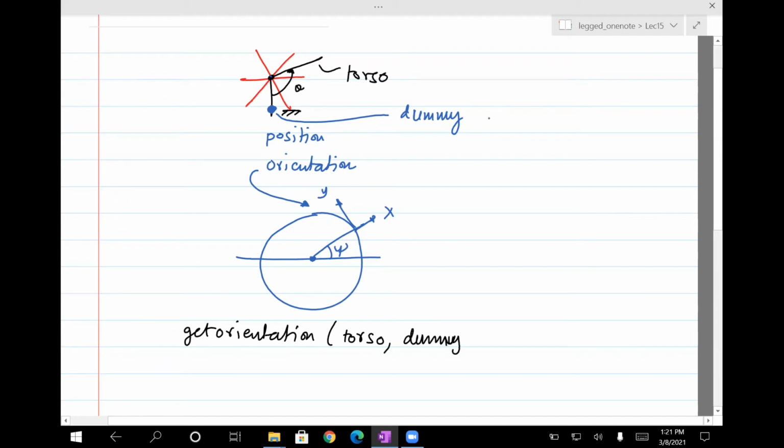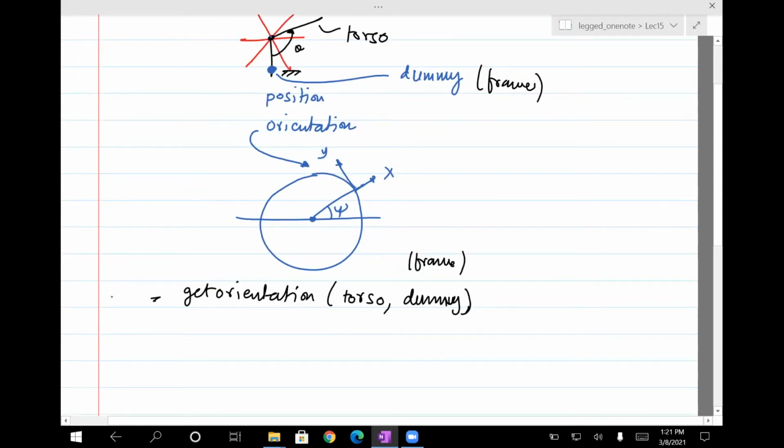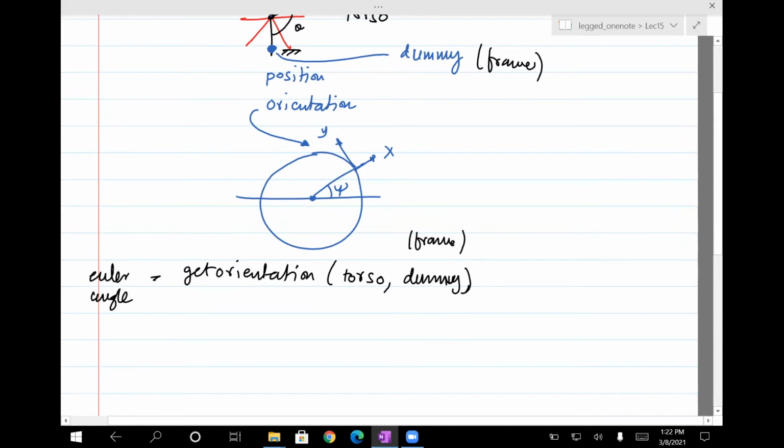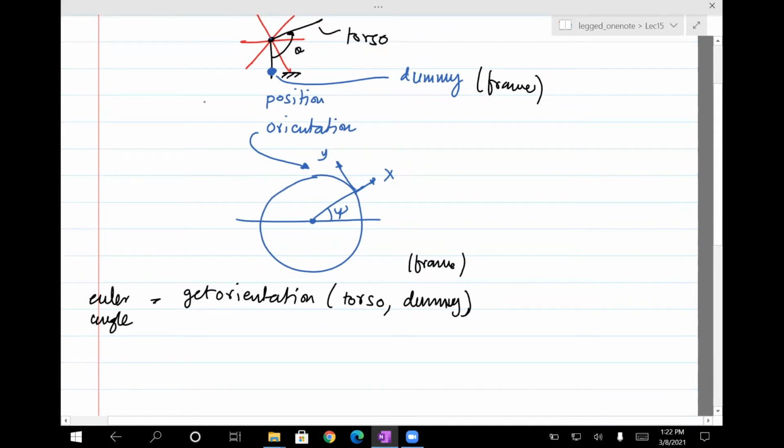In fact, I think I'll call it frame in my notes, because that's a moving frame. And then that will give me the Euler angles. Okay, so it's as simple as getting the dummy, setting its position and orientation, and then getting the orientation. And this Euler angle, in fact, the Euler angle with respect to one of the coordinates will give me the pitch angle. And so I'll show you how that works.